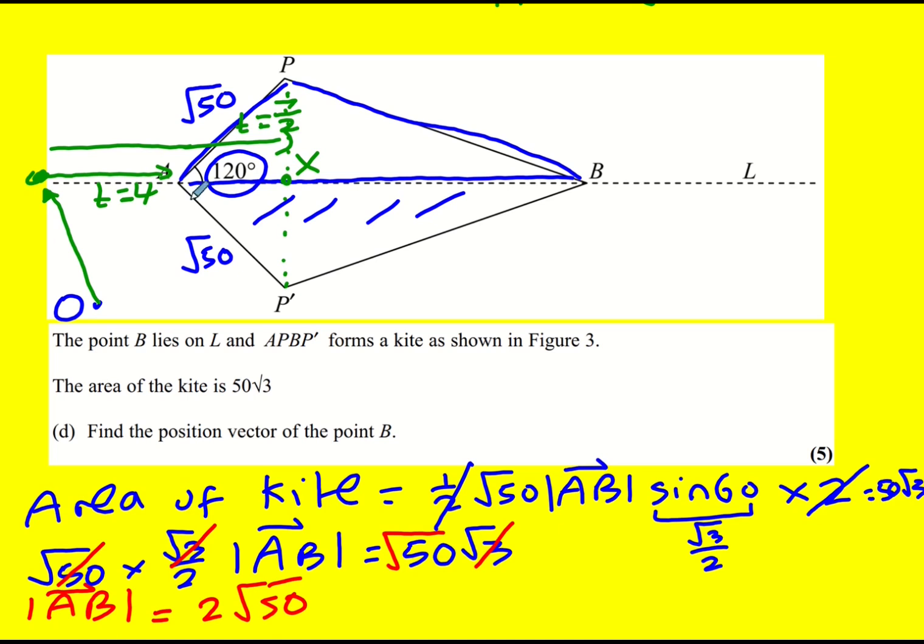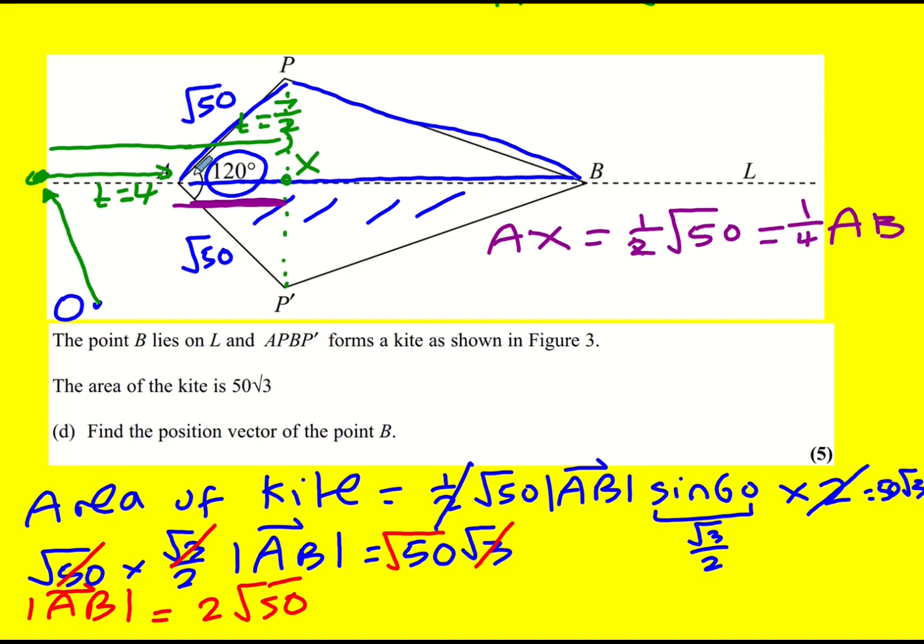So in the answers, they actually work out the distance from A to X. And then what they see is that it's a half root 50, which is then a quarter of our 2 root 50. It's a quarter of A to B.